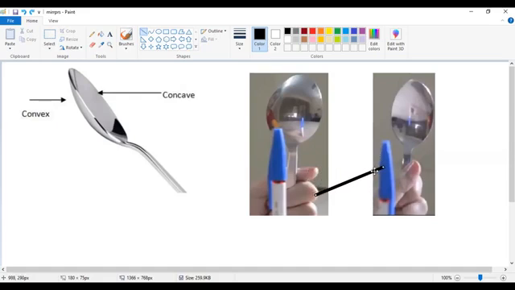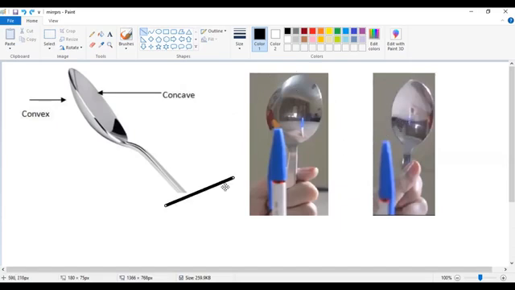If you bring the pen closer to the spoon or take it farther away from the spoon, the image will change its shape and size. At one place, the image can be seen inverted also. Inverted means the cap is shown downward in the image.